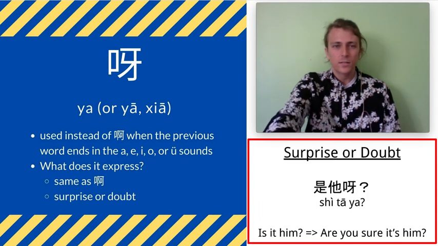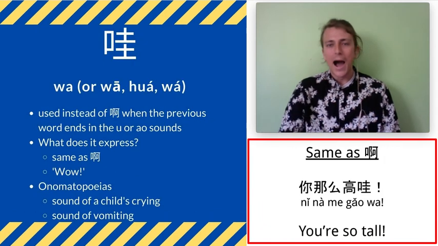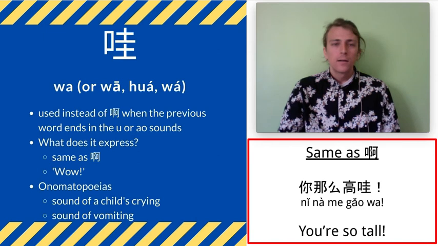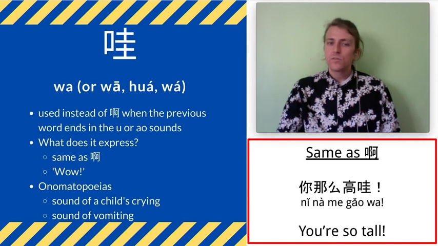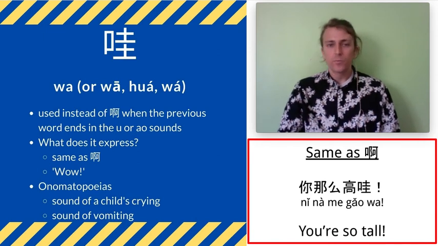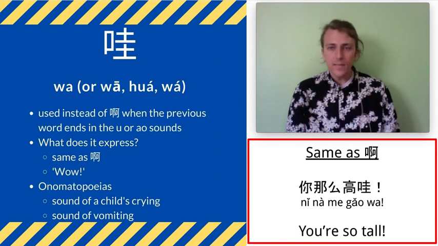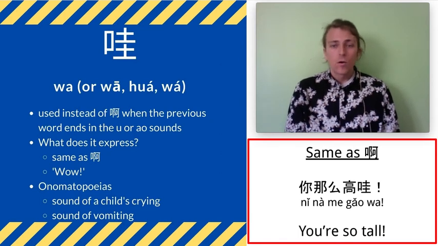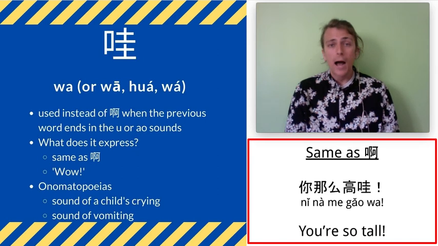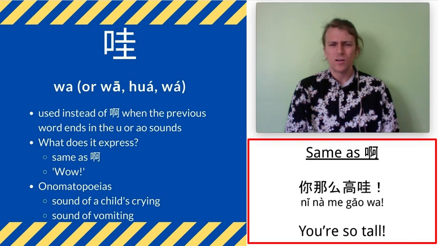And we have another one like ya, which is wa. So this is used instead of a when the previous word ends in the u or ao sounds in Chinese. So an example here is 你那么高啊,你那么高啊, you're so tall.